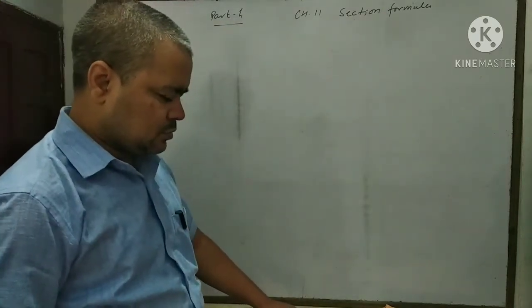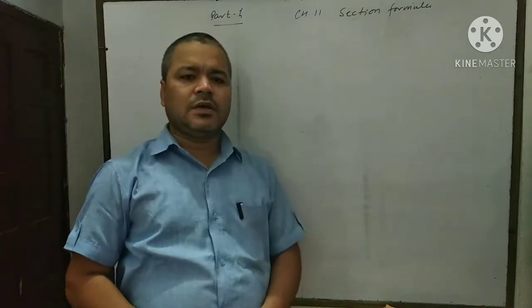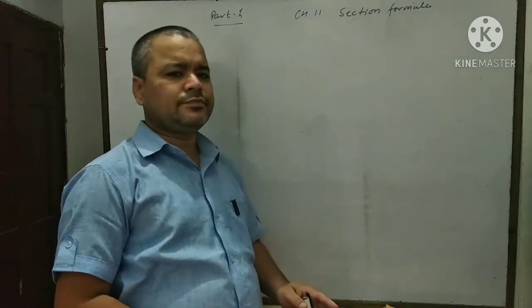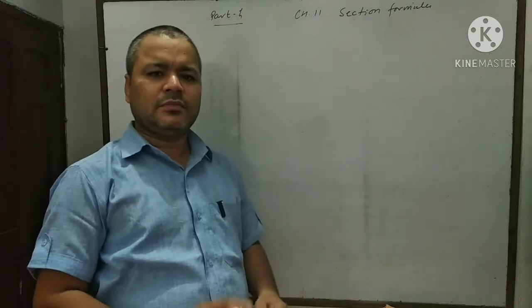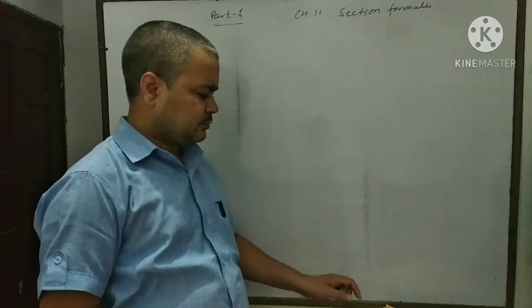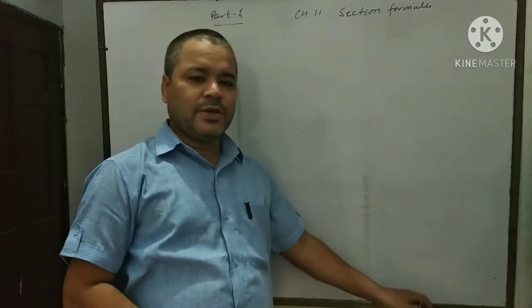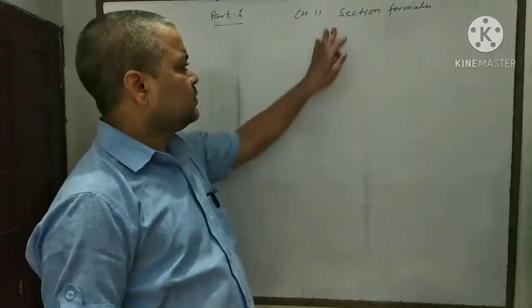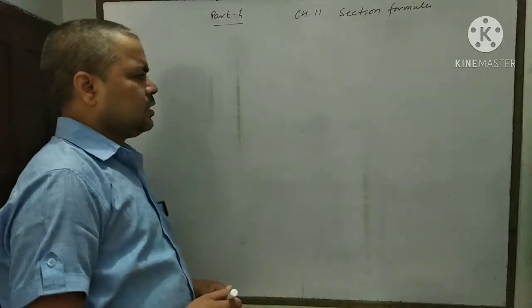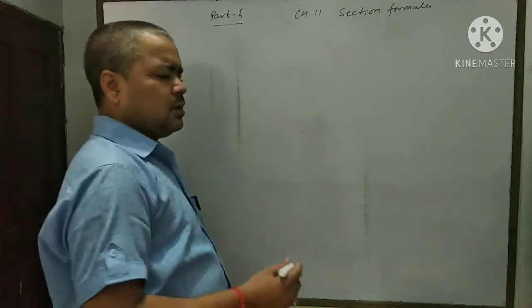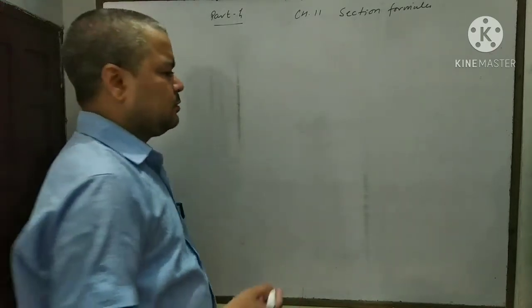First of all, we should discuss the formula related to the first topic. The name of the topic is simply section formula. So first of all, let us start with an example.